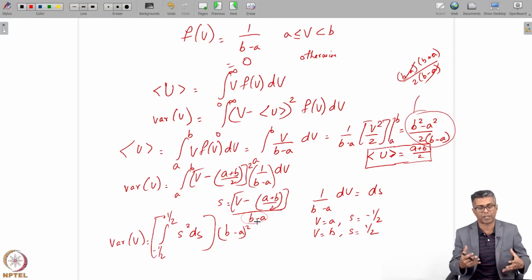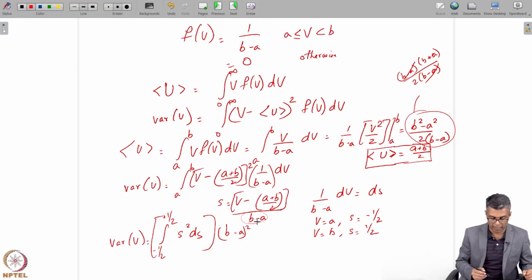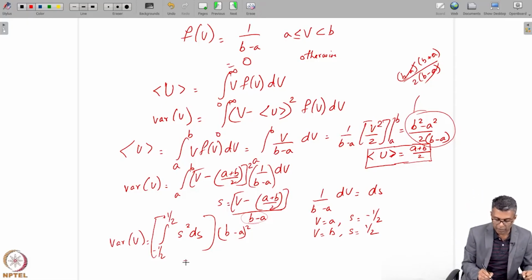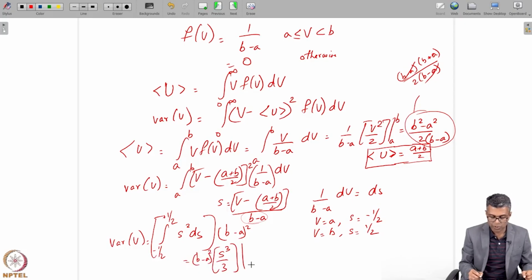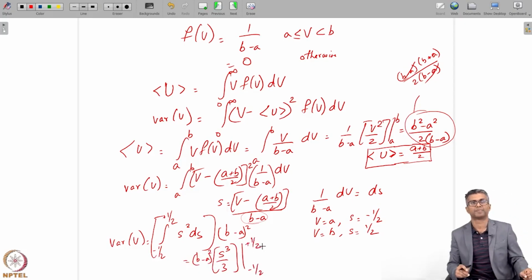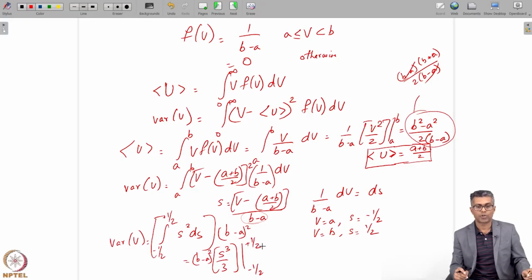So because of that, you have to multiply by (b − a) squared. So the integral of this is s cubed over 3, and of course I have (b − a) squared, and s cubed over 3 goes from minus half to plus half, isn't it?